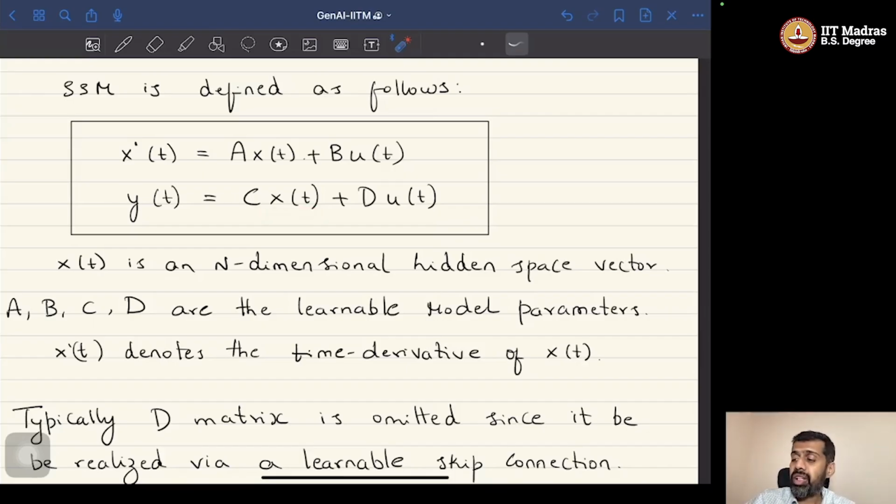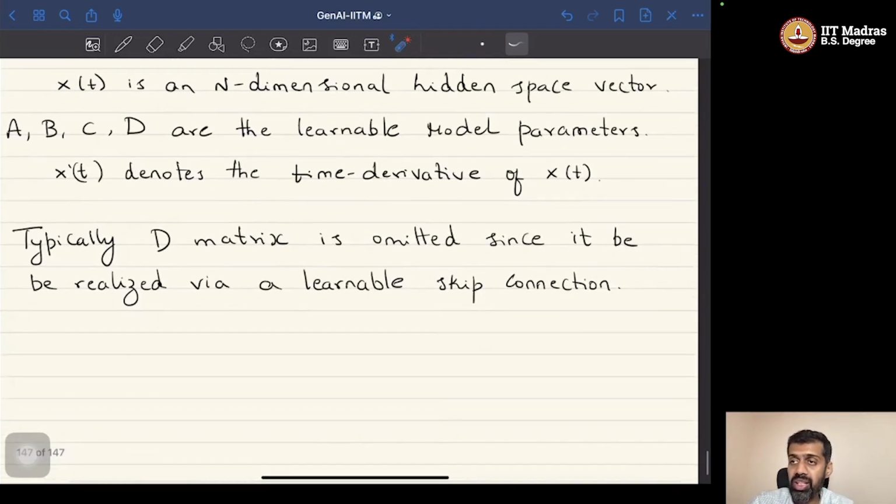However, a typical skip connection would not have any multiplication factor, but you can always have a learnable multiplication factor. So, since this can be realized via a skip connection, this is not considered while defining a typical state space model. Okay, so D is out of the equation now.